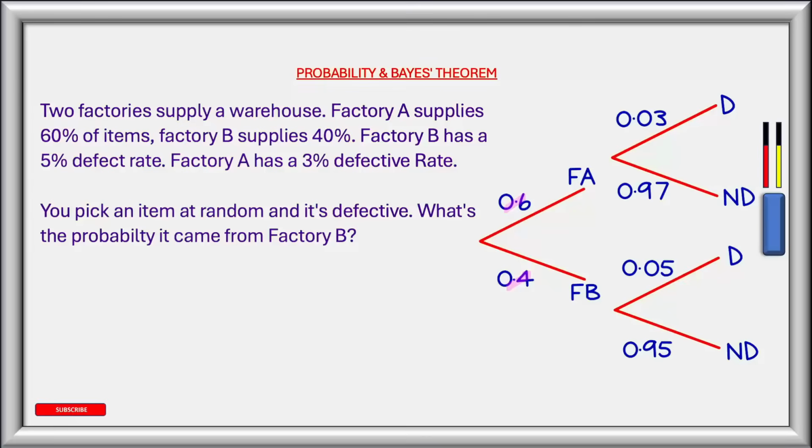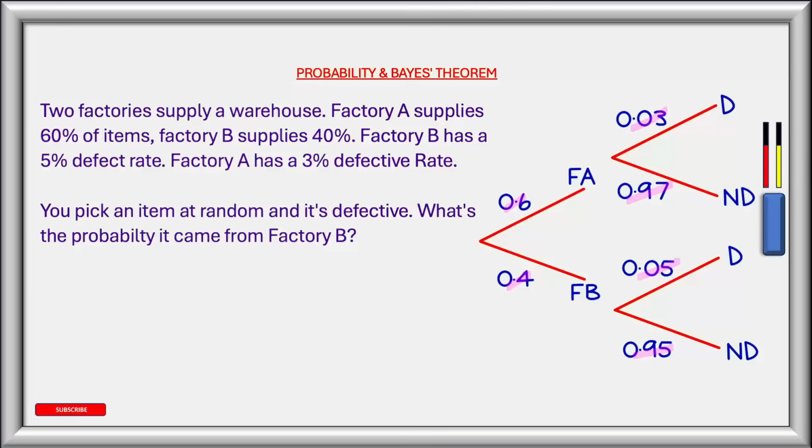Now if an item came from Factory A, the probability it's defective is 0.03 or 3%, and therefore the probability it's not defective is 0.97, and this is 1 minus 0.03. And if an item comes from Factory B, the probability it's defective is 0.05 or 5%, and therefore the probability it's not defective is 0.95, as that's 1 minus 0.05.